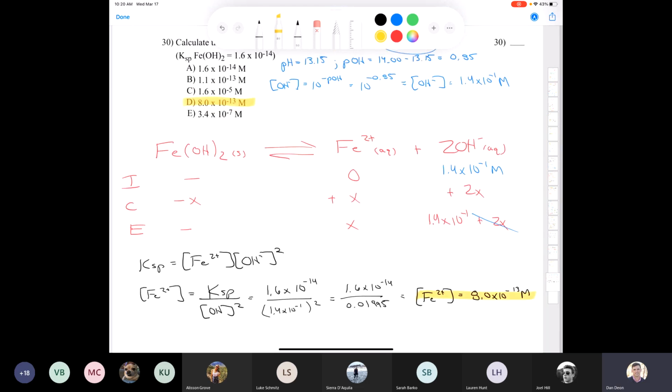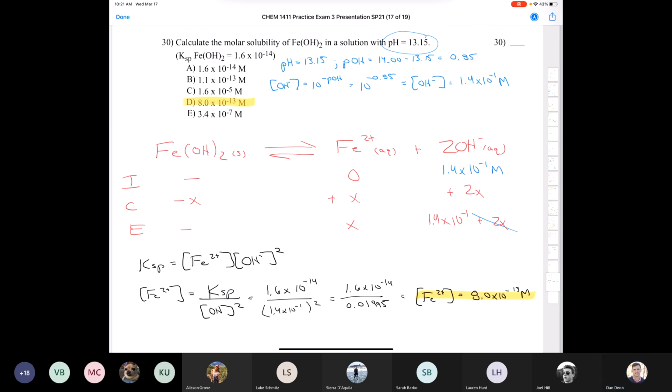I just made a note for myself when I solved this one. I was trying to evaluate this. Could we have set that to 2x? No, because it's not 2x, you're adding 2x to it.